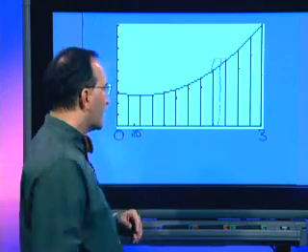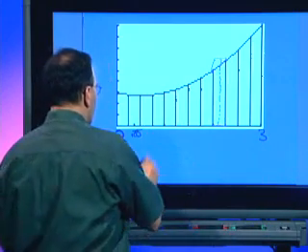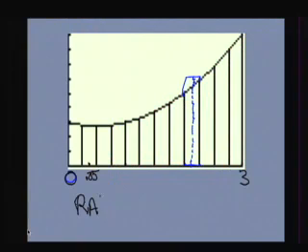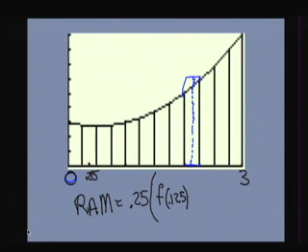Again, I'm not going to take you through each one of the rectangles, but the basic idea is that we would multiply to get this approximation. We would have the 0.25, which is the width of each little rectangle, and then we would multiply that times f of the midpoints.